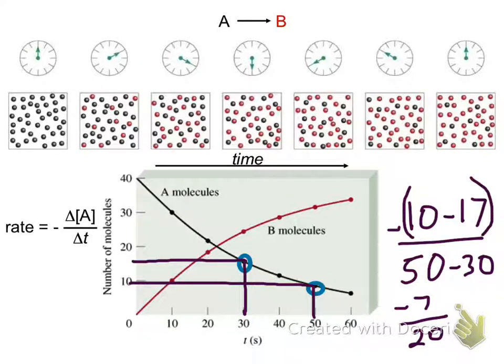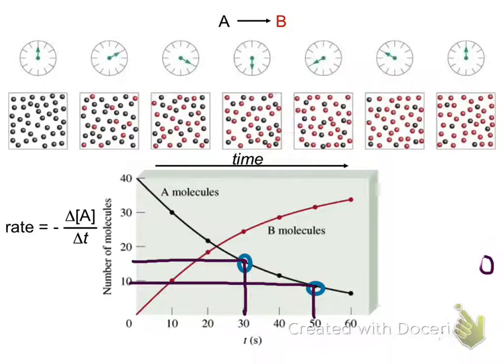I'm going to erase this so I have some room. Our reaction rate is the opposite of negative 7 over 20, because of the negative sign right here. So we have 7 over 20 is the rate of reaction. Okay, that's the rate at which A is decreasing.